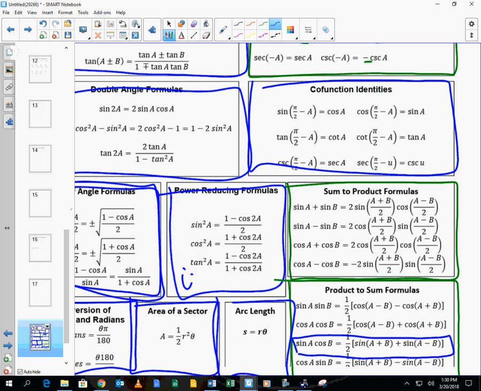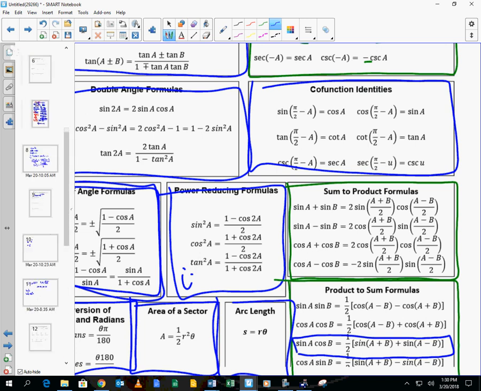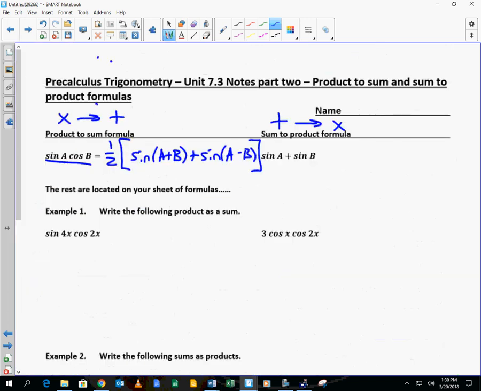I'm going to ask somebody to please communicate to me what I should be writing down. 2 times sine of a plus b divided by 2 times, there we go. So the key is to make sure you can locate the formulas properly and make good use of them.